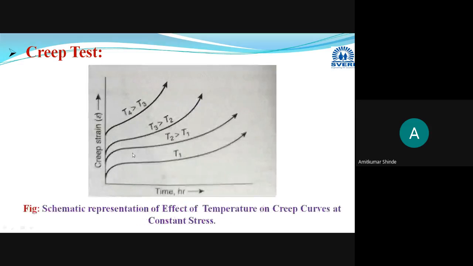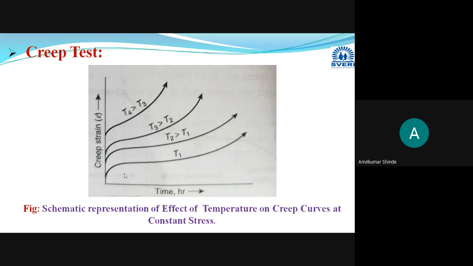Same here in the case of temperature. More deformation can be obtained with lesser time at higher temperatures. Simply we can combine this: whenever we are using higher temperatures or higher stress values, the deformation or creep strain in the material will be higher in lesser time.